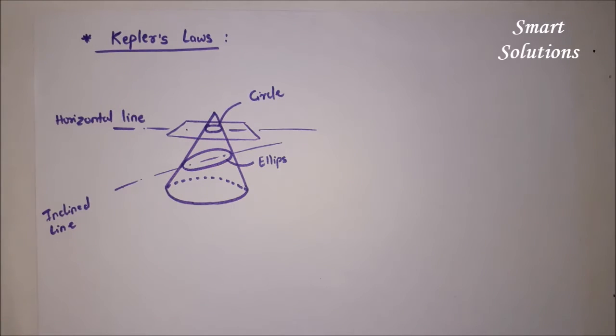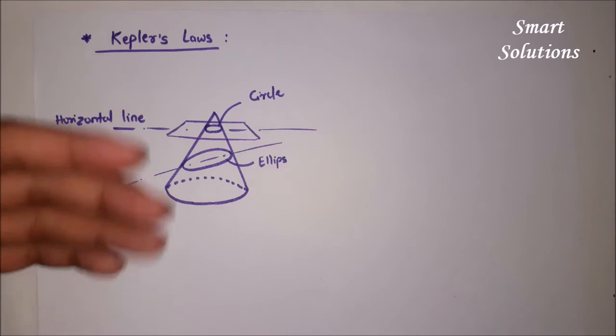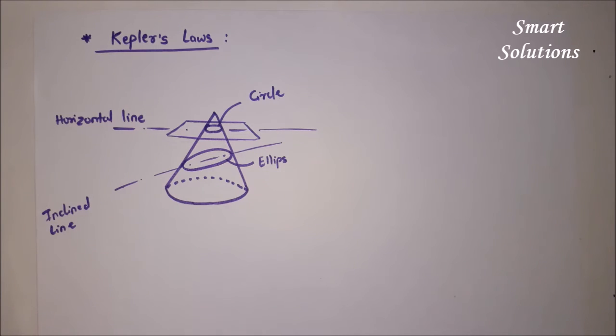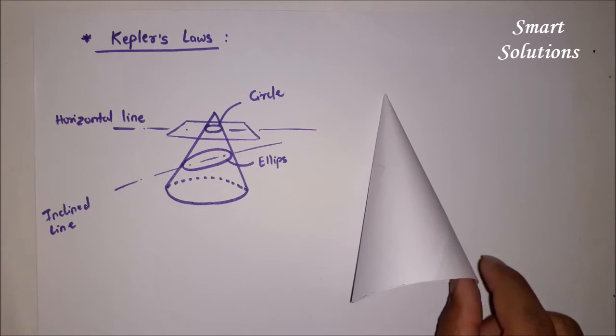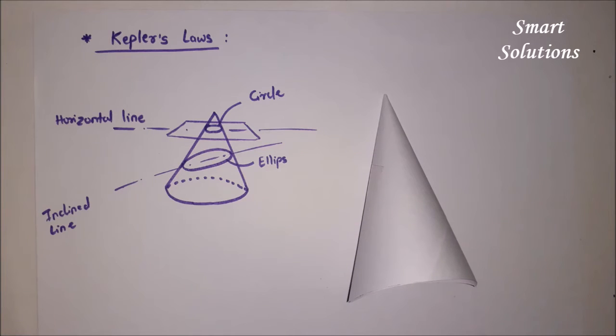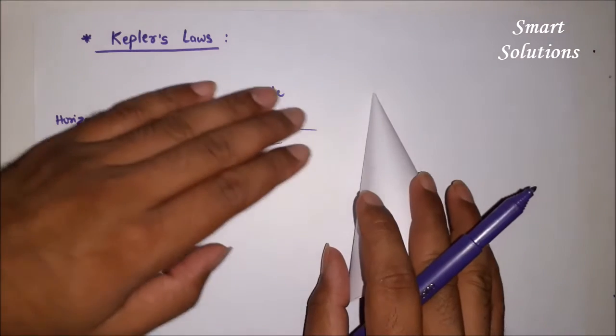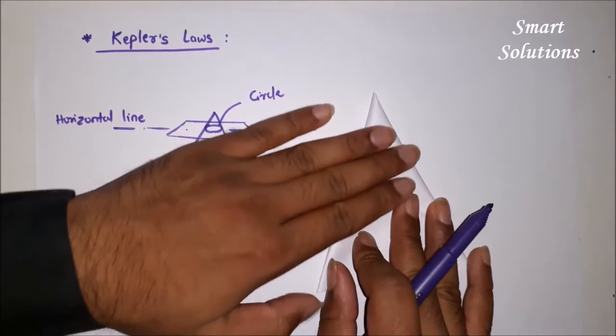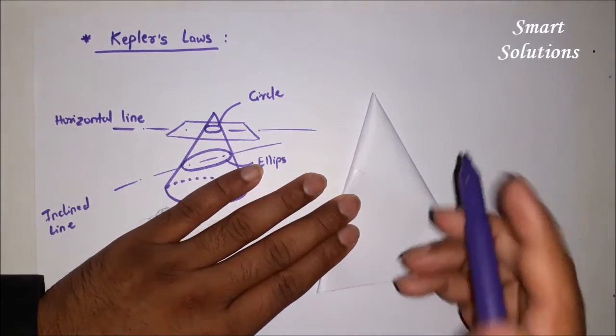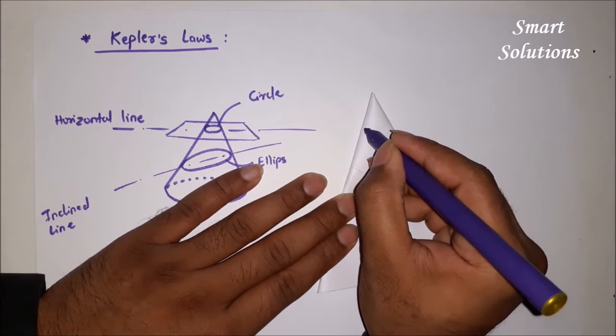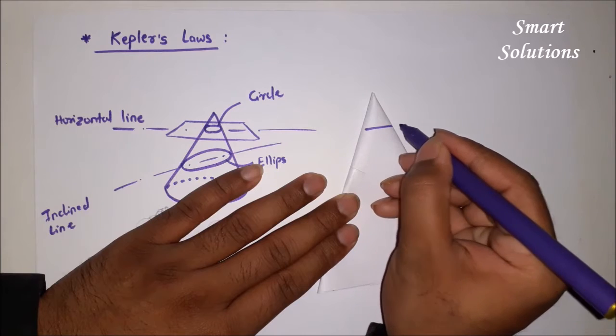which we will obtain. So let us actually take a cone and try to produce a circle and an ellipse out of it. This is a cone that we have considered. Now what we will do is, let us try to cut this in this horizontal direction.